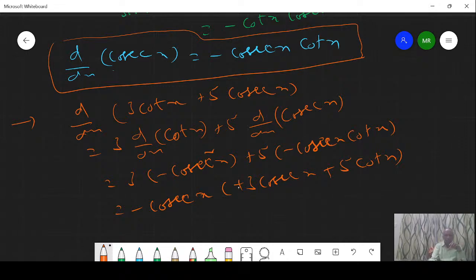Correct? I can write it as minus cosecant x into 3 cosecant x plus 5 cot x. Just write the formula: derivative of cot x is minus cosecant square x, derivative of cosecant x is minus cosecant x cot x. Then I have taken minus cosecant x common. Like this you will get this.